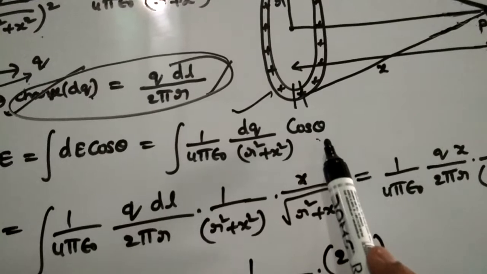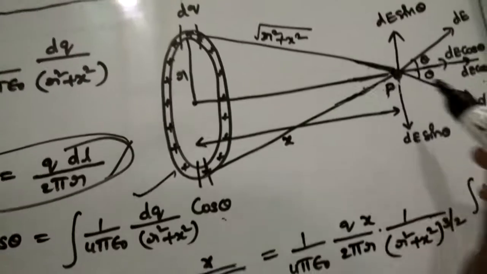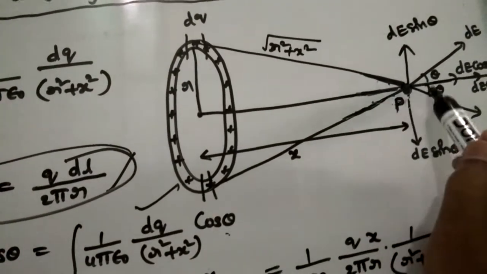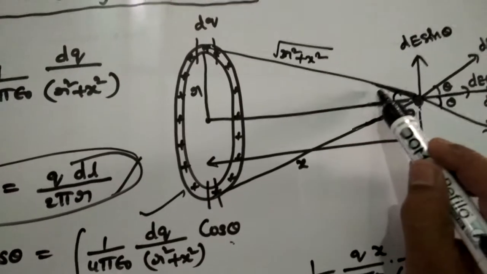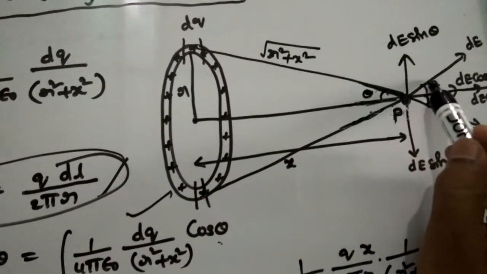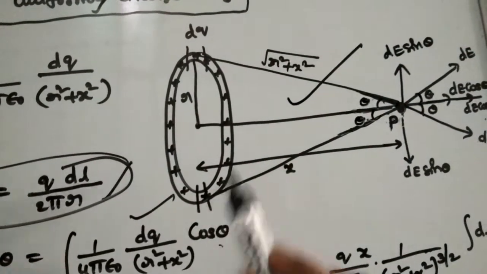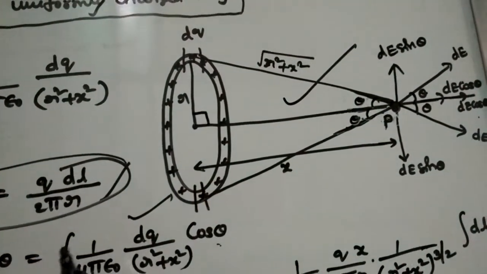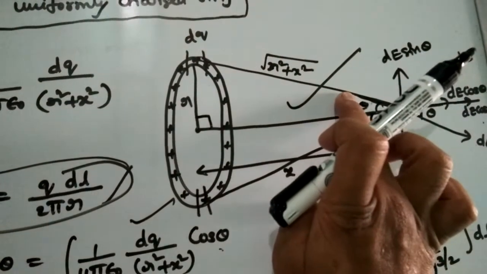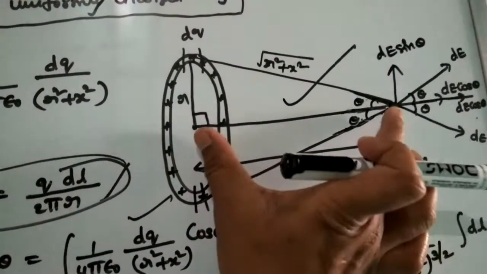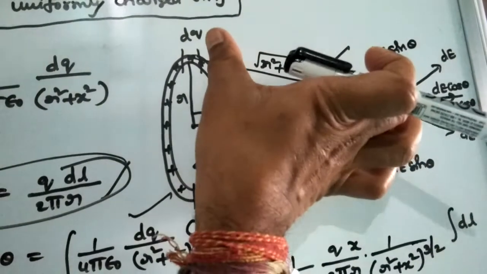What is this cos theta, sir? Again coming to the diagram. Vertically opposite angles are equal. Here the angle is theta, here also the angle becomes theta. Consider this right angle triangle, and you will understand very easily. Cos theta is adjacent side divided by hypotenuse.